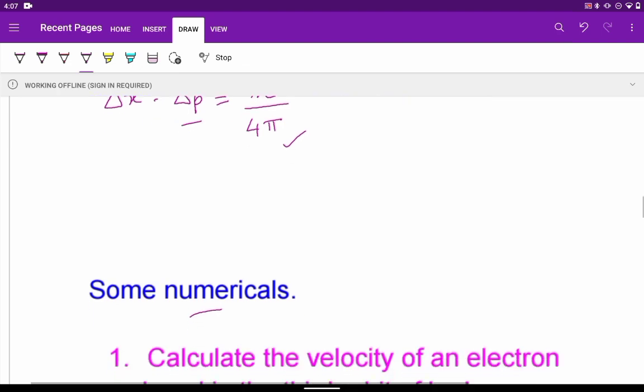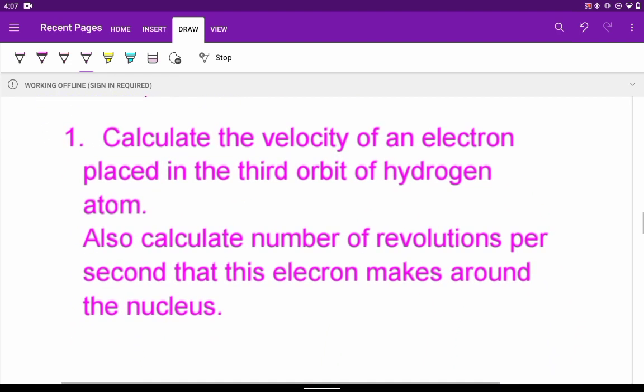Now we will deal with some numericals based on the topics we have discussed earlier and today. Let us see the first one. Calculate the velocity of an electron placed in the third orbit of hydrogen atom.